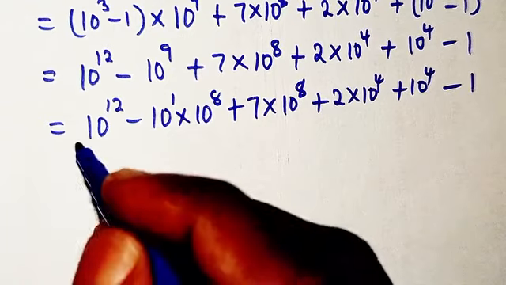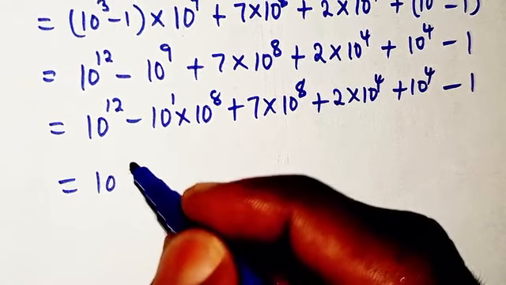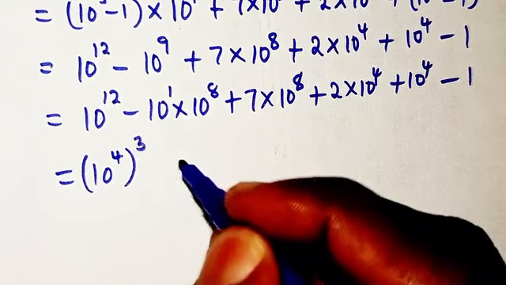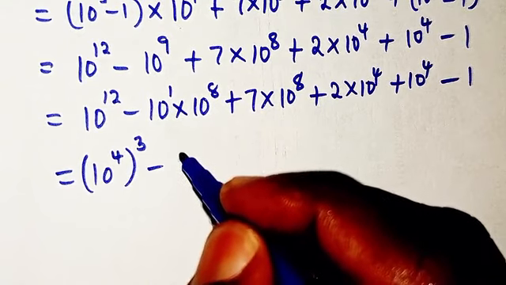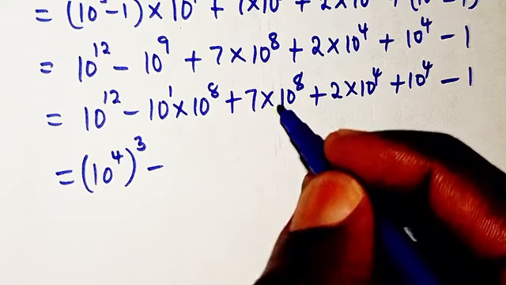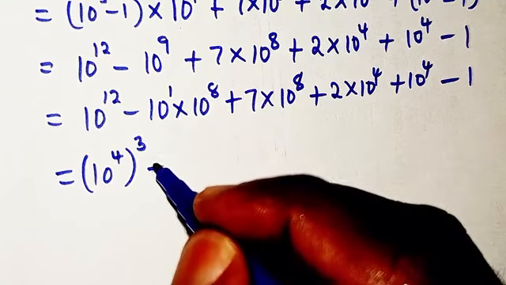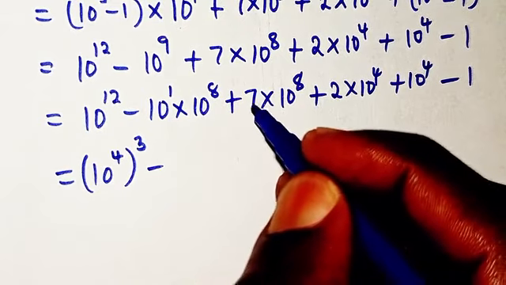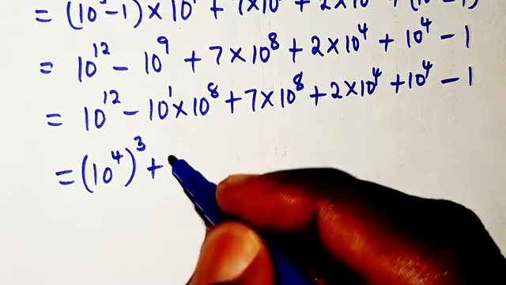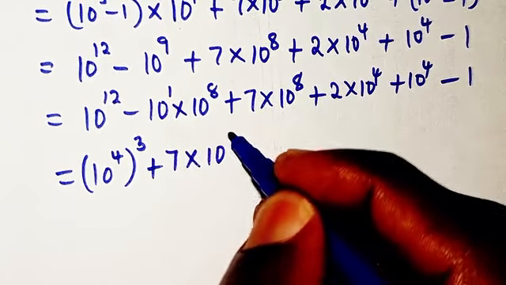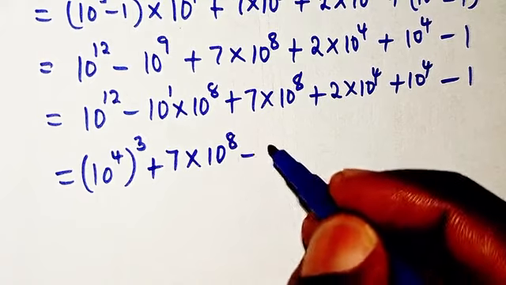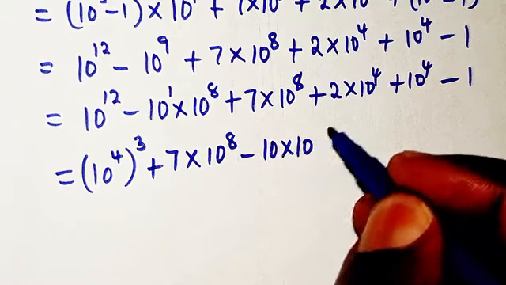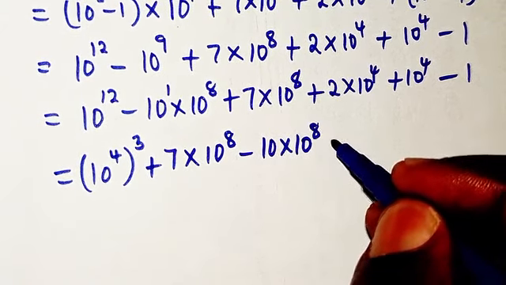So now let me write this. I'm going to have 10 to the power of 4, then to the power of 3 minus here, let me take this 7 first, because I'm having something common here, which is 10 to the power of 8. So let me take 7 times 10 to the power of 8 to the front, times 10 to the power of 8, and I will take this to the back. I have 10 times 10 to the power of 8.